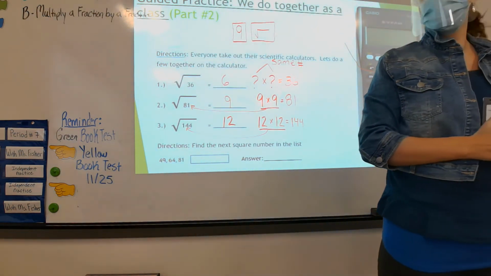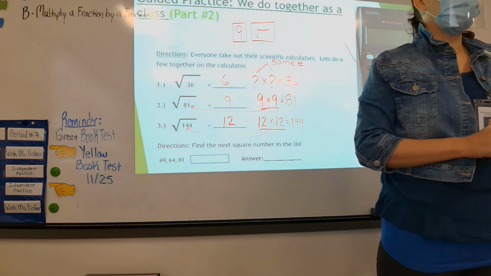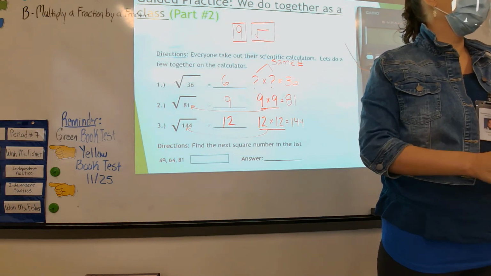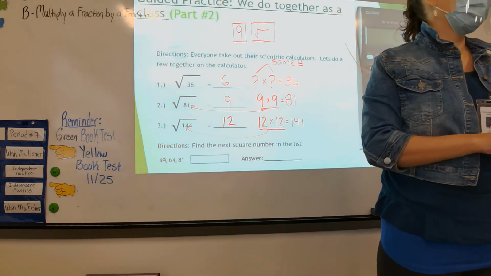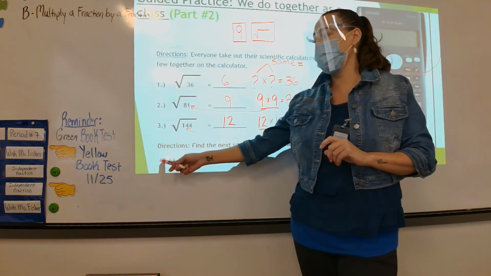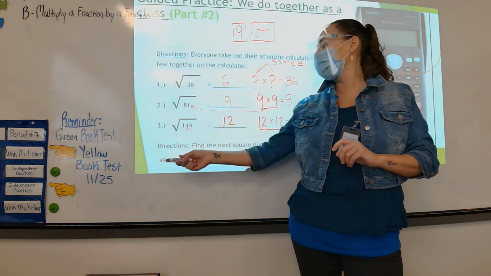How would you find the next square number? What would you have to do? Well, you'd have to figure out what times what gave you 49. So how would you figure out what times what gave me 49?